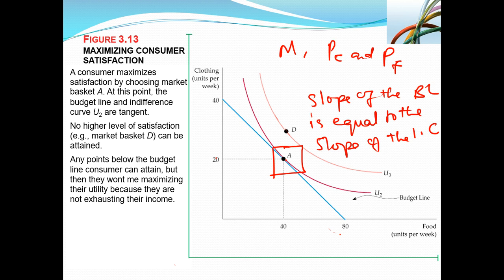In short, this is the bundle that is affordable, and the consumer is also going to maximize his utility after consuming bundle A.